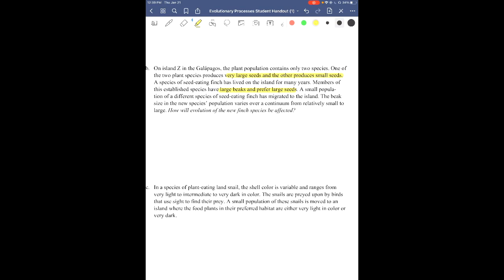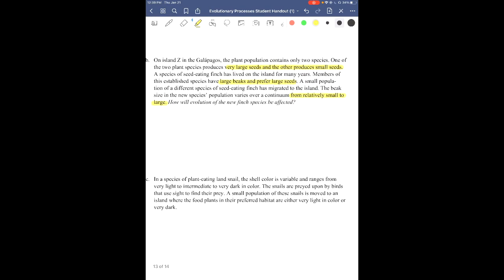A small population of a different species of seed-eating finches has migrated to the island. The beak size in the new population varies over a continuum from relatively small to large. So how will evolution of new finch species be affected?